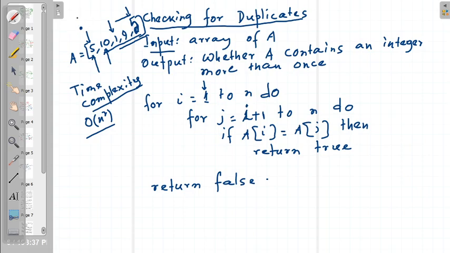So I am taking this 5 as a point. Okay, this 5 as a point. All others are points. So I am checking this point with every other. So I am pairing this with this, then this with this, and then this with this, and then this with this. I am pairing numbers.